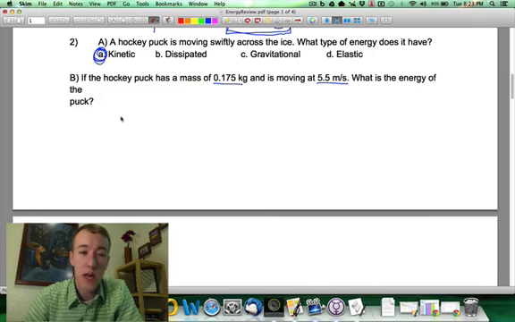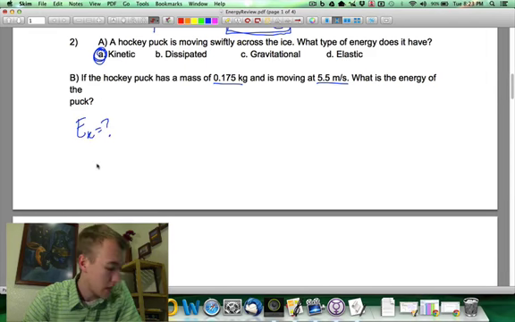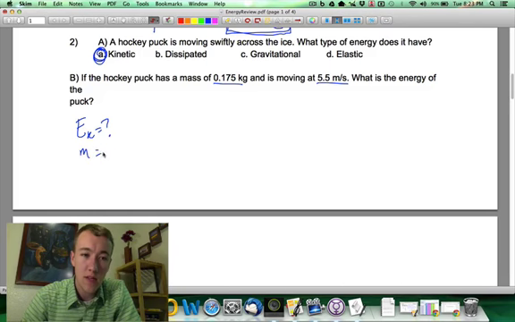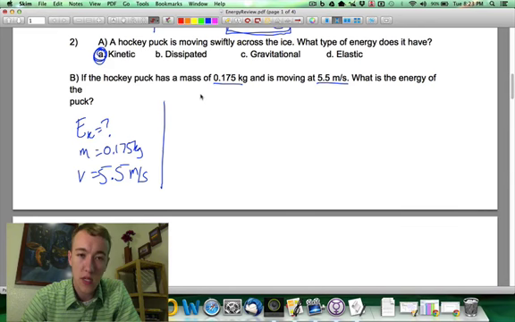We just said that energy that's going to be present is kinetic energy, so that's what we're looking for. And we know that the mass is 0.175 kilograms, and we know this velocity here is 5.5 meters per second. I like to write all those out so I know what I know and I know what I'm looking for, and I can figure out how to tie those together.